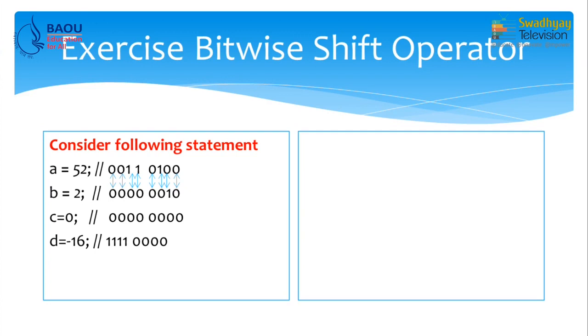Now, we want to understand the bitwise shift operator. So, we take this example. Here we have A is equal to 52, B is equal to 2 and C is equal to 0 and D is equal to minus 16, and we can see the binary equivalent in the comment.